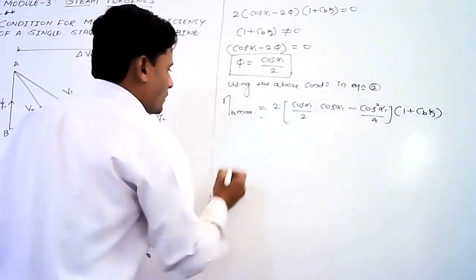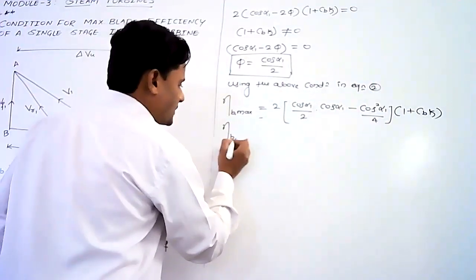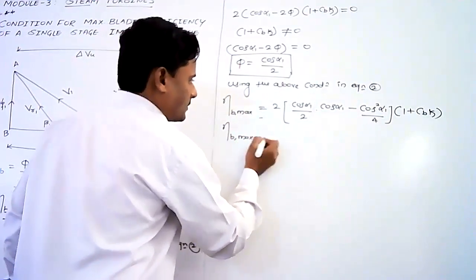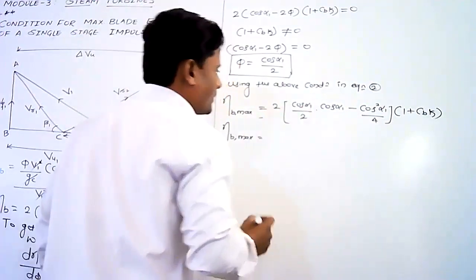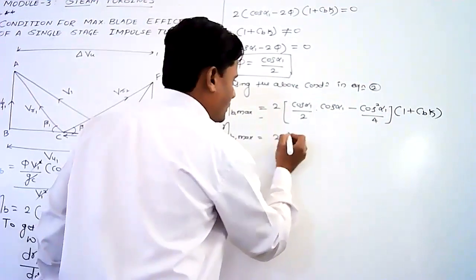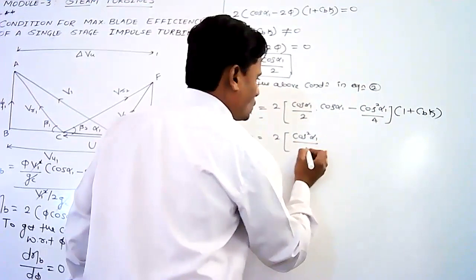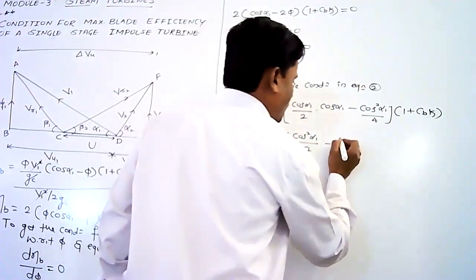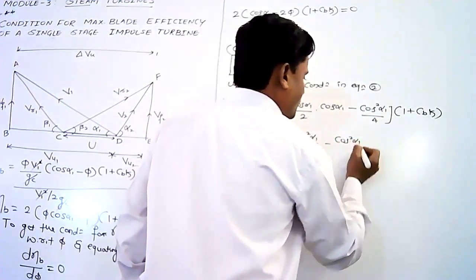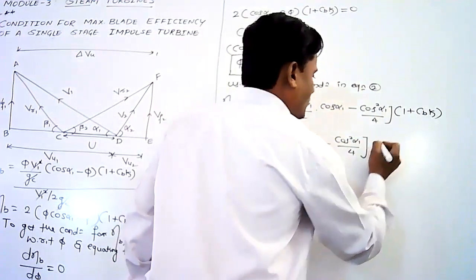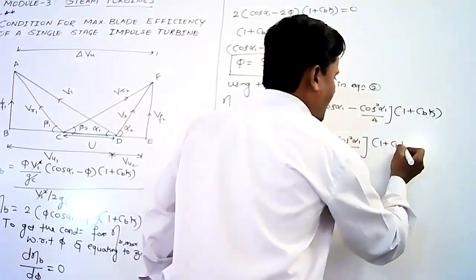Okay. So the maximum blade efficiency: just multiply. We'll get cos square alpha 1 by 2 minus cos square alpha 1 by 4, into 1 plus Cb into K as it is.